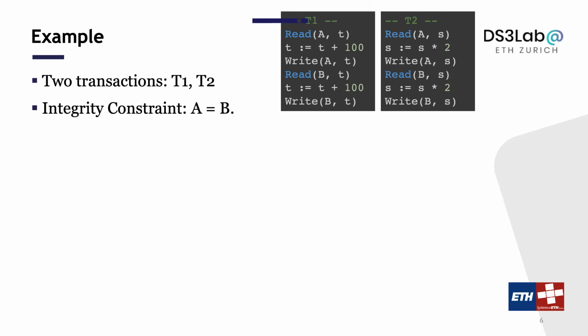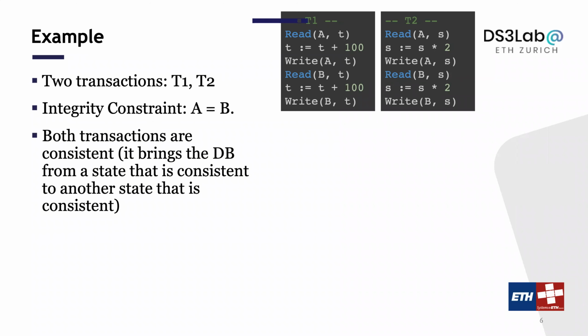So given this, let's assume we have one integrity constraint in my database that we really want A equals B. Okay, assuming that's our constraint. If a database instance is consistent, it means that in that database instance, you have A equals B. So as we can see, both of these transactions will actually respect that constraint in the sense that they are going to bring my database from a consistent state in which A equals B to another state that's different from my input.